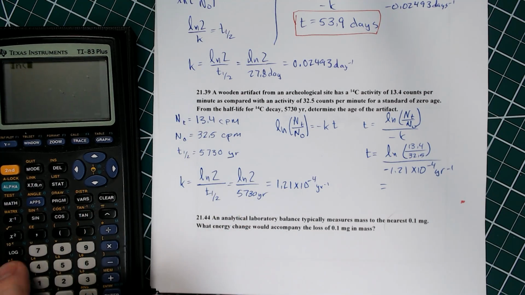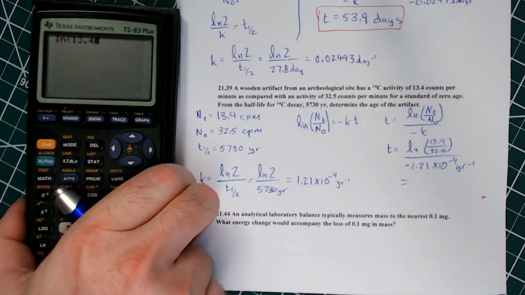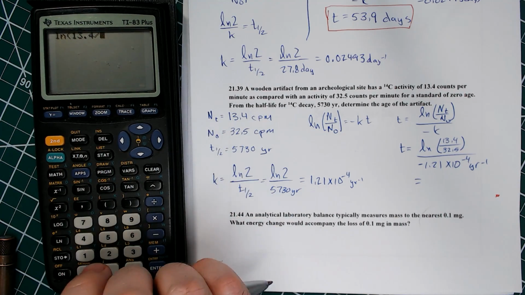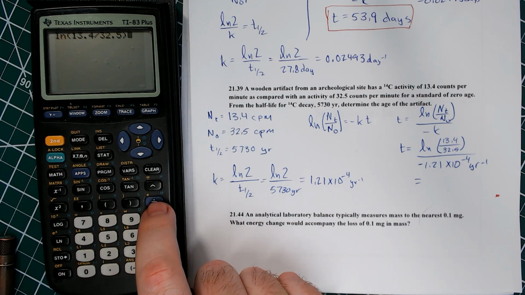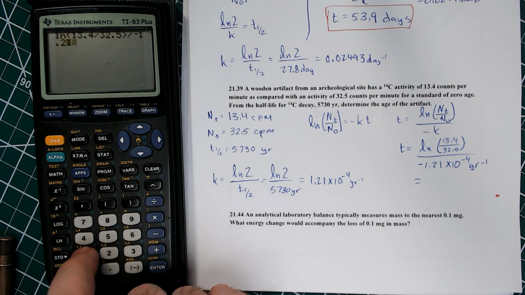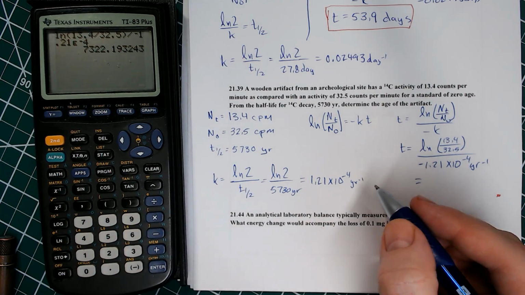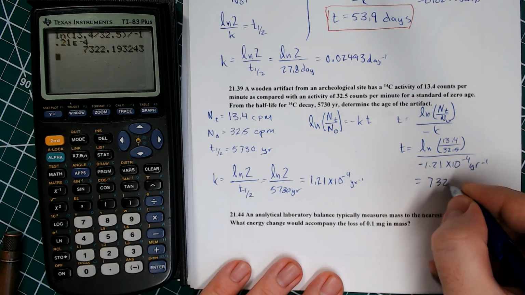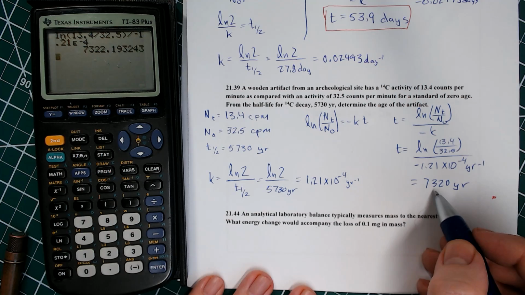So we'll do natural log of 13.4 divided by 32.5, and then we'll divide that by, after I close parentheses, negative 1.21 times 10 to the negative 4. And that gives us, with 3 sig figs, 7,320 years.